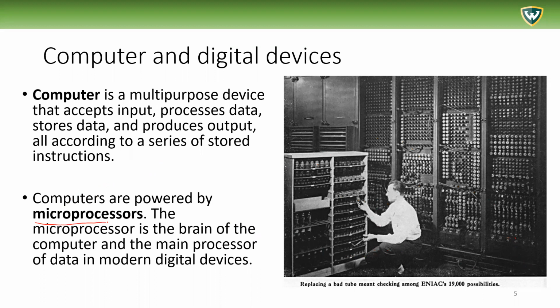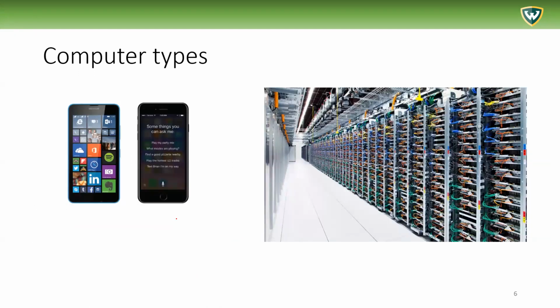Microprocessors process binary data. The microprocessor is the brain of the computer and the main processor, hence its name, of data in modern digital devices. There are various types of computers, and of course they have evolved over the years.